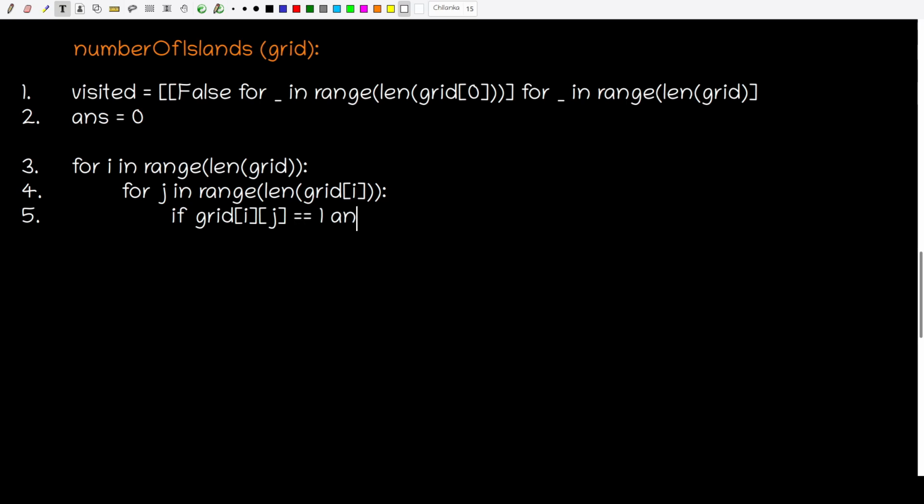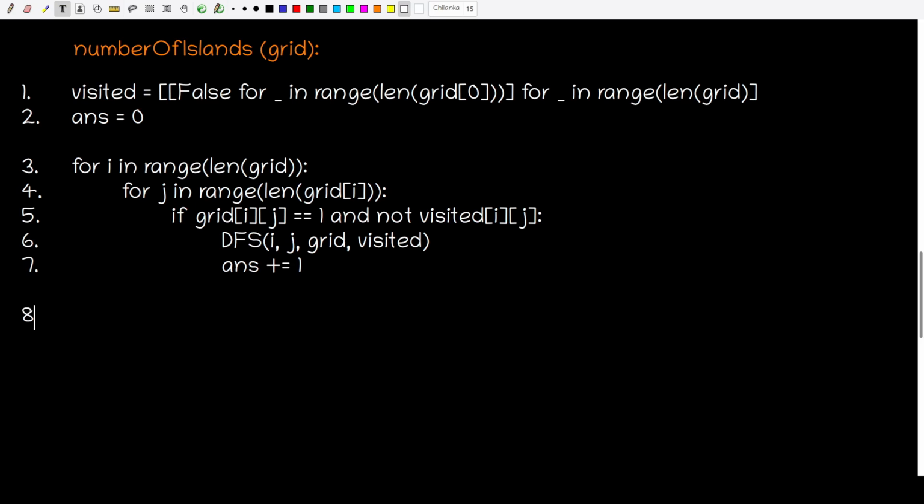If it is a land and it is not visited, then in such case we are going to perform DFS from here. So DFS of i, j, so this is our source, and grid and visited. And once we have performed DFS, we are going to increase our answer by 1, and then towards the end all we have to do is return answer.